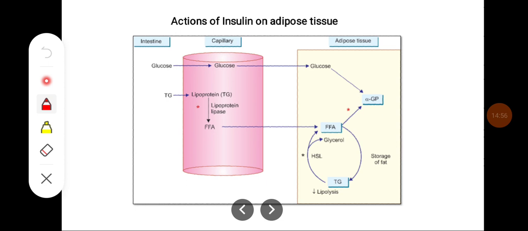This diagram shows the action of insulin on the adipose tissue. The glucose entry in the adipose tissue is increased, and it gets converted into alpha glycerophosphate. It is going to decrease the lipolysis. It is going to act on the hormone sensitive lipase to decrease the lipolysis, and it helps in the storage of the fat.